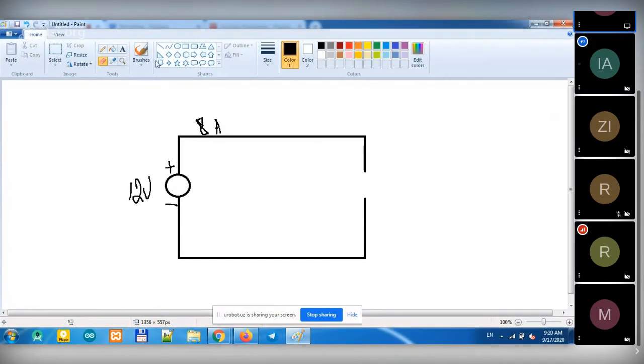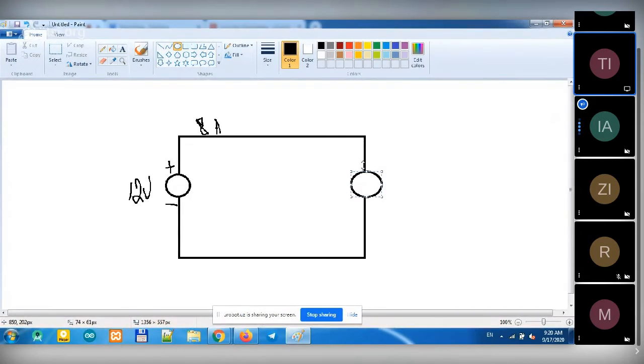Let's say this is a light. The symbol of the light is like this cross.